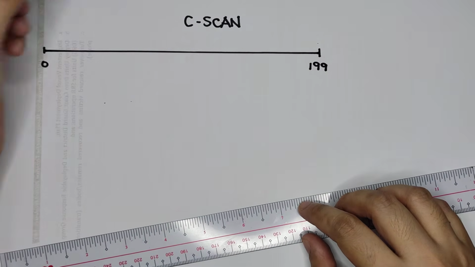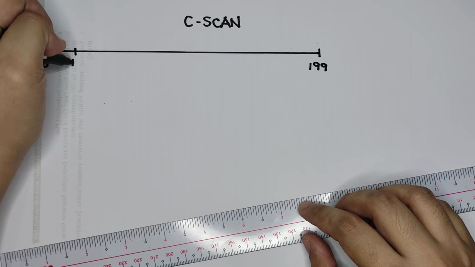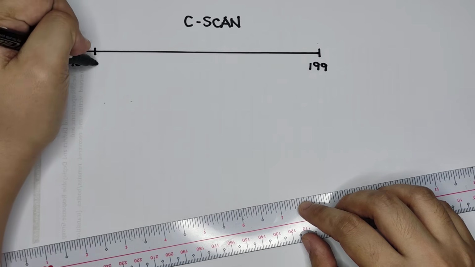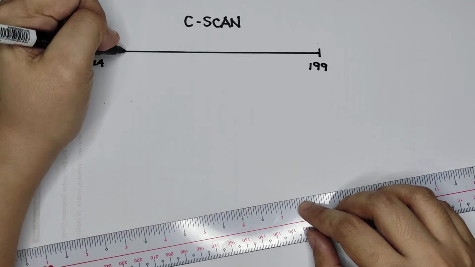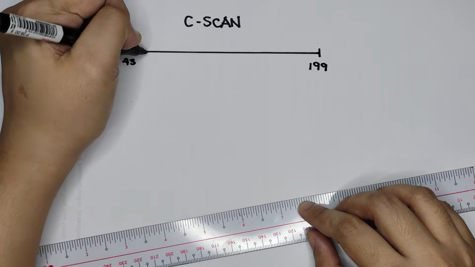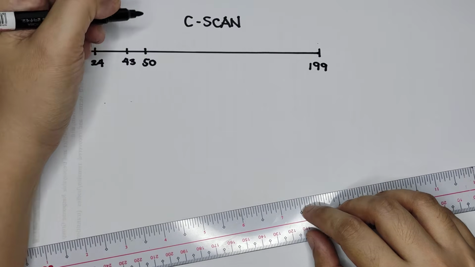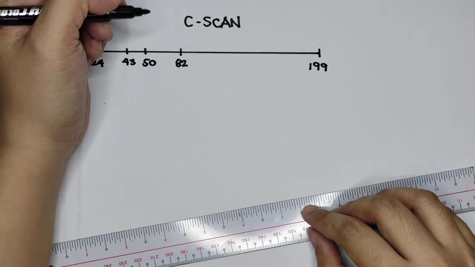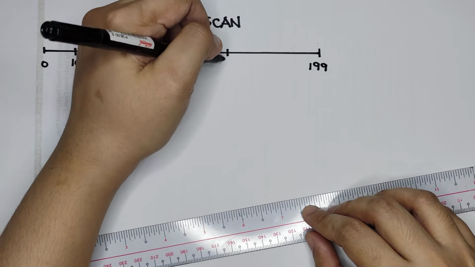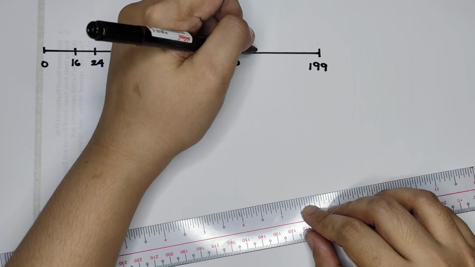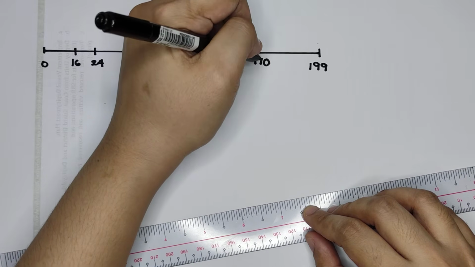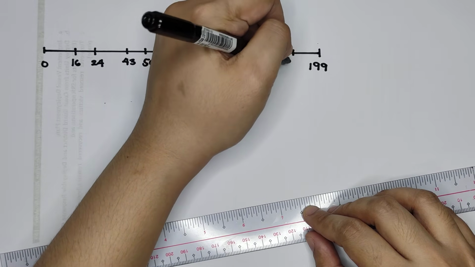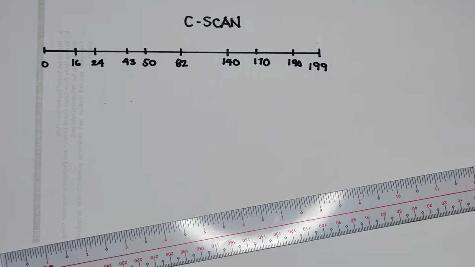The values are 16, 24, 43, and 50. Next we have 82, then 140, then 170, and last but not the least 190.